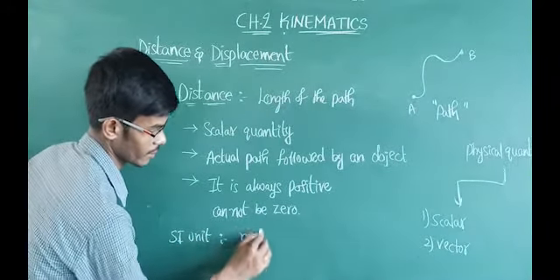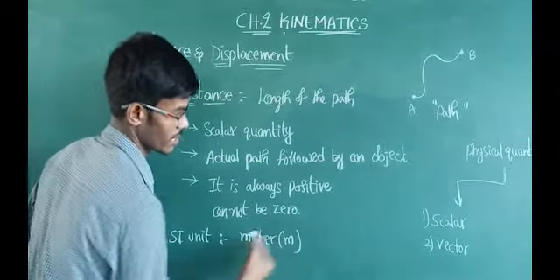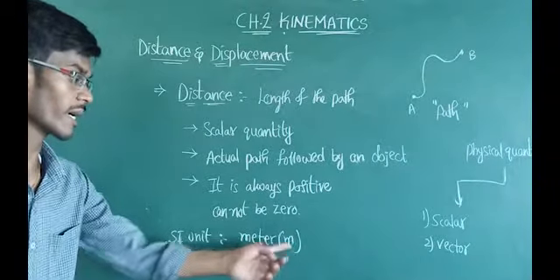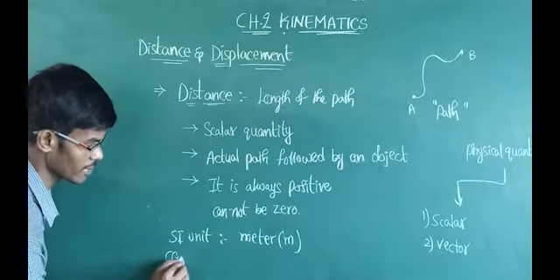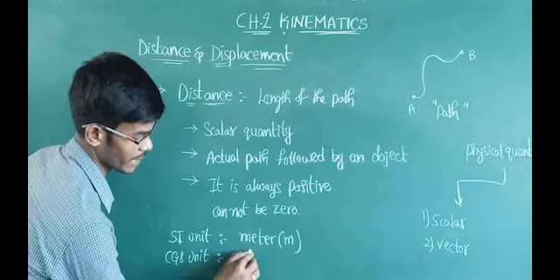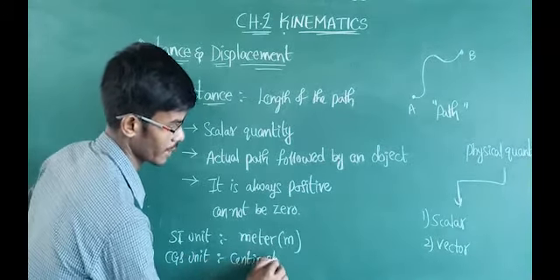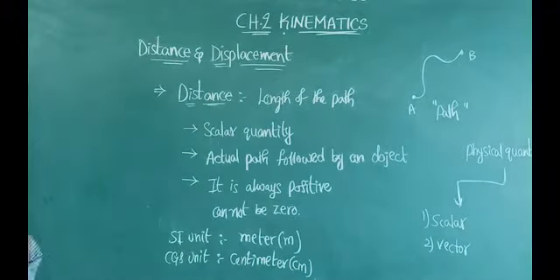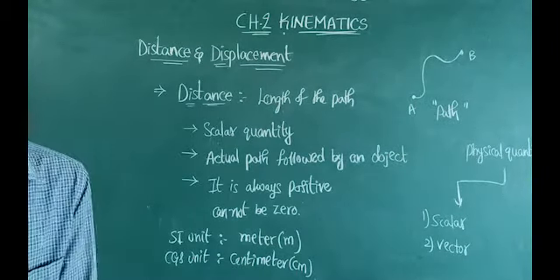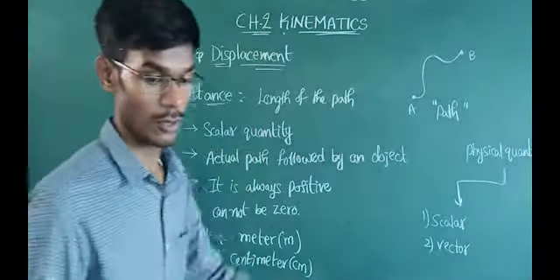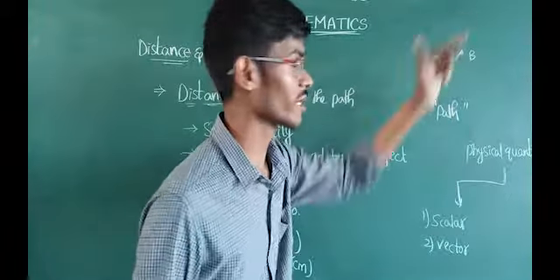The SI unit of distance is meter, and the symbol is m, and the CGS unit of distance is centimeter, and the symbol is cm. So this is about distance. And one more thing you can observe: is this a unique path?